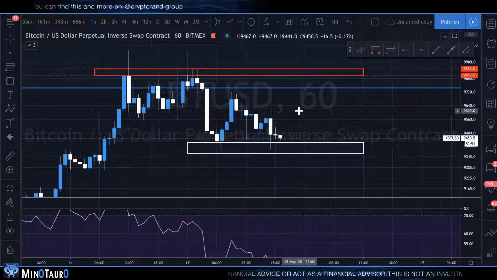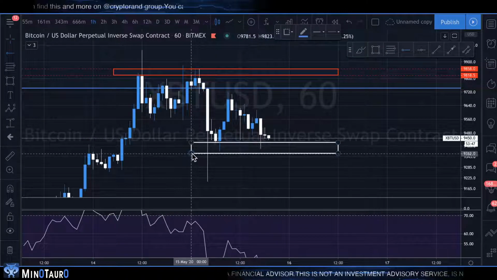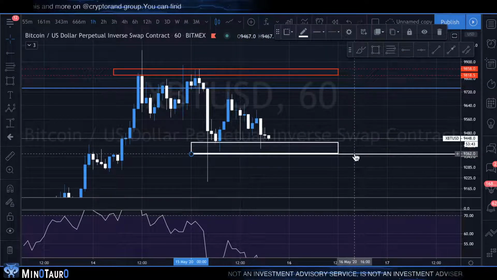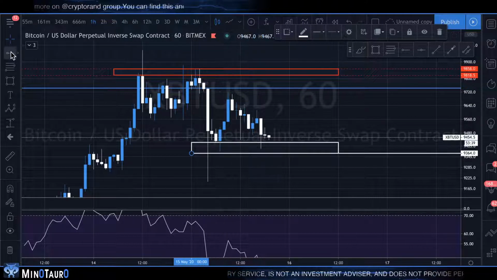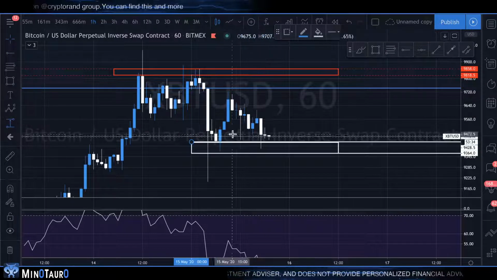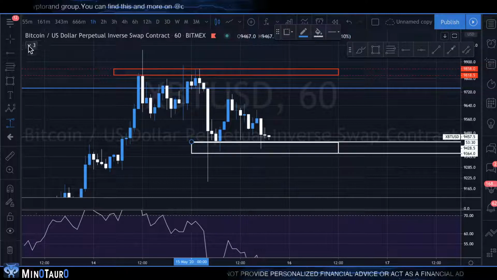Just changing the color so people have no trouble understanding. And this is also our support now. So support is an accumulation of orders for longs, and a long position can be taken for 2% moves. Okay, this was the retest of the pivot.